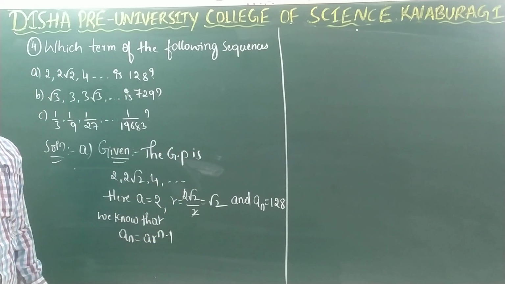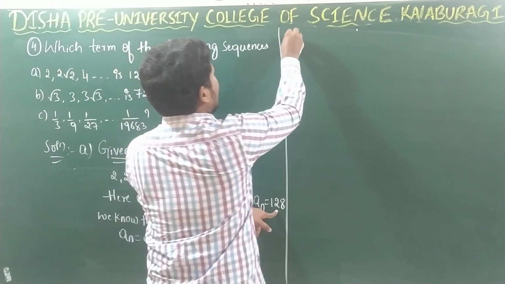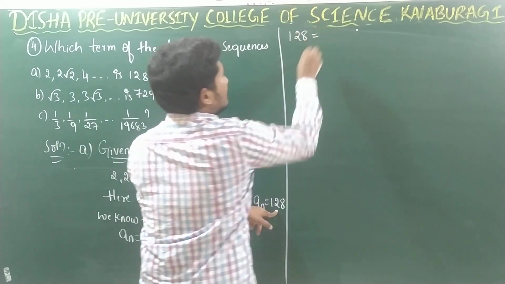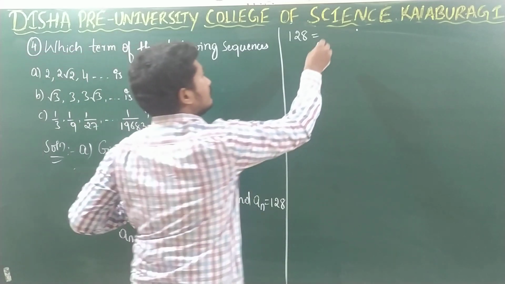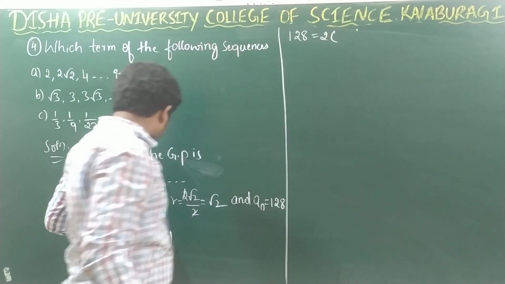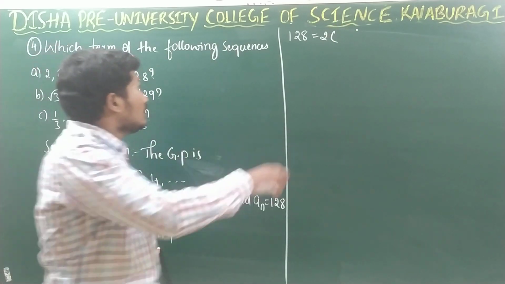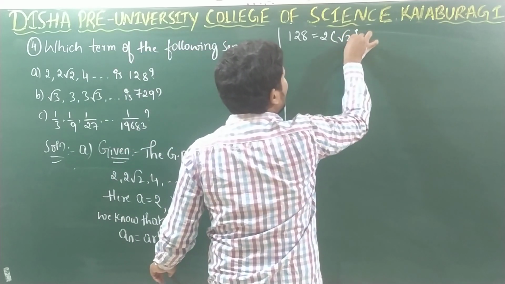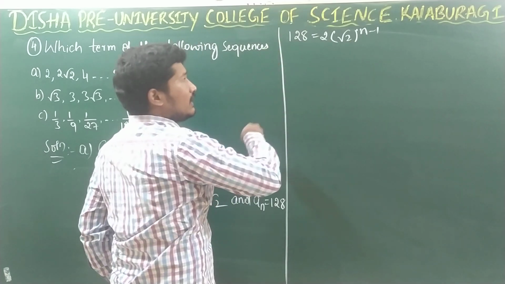So let us use this nth term formula and calculate the value of n, right? So see, what is the value of an? It is 128, is equal to, what is the value of first term? It is 2, into, what is the value of common ratio? It is root 2, right? So it will be root 2 whole power n minus 1. Let us transfer this 2 to the LHS.